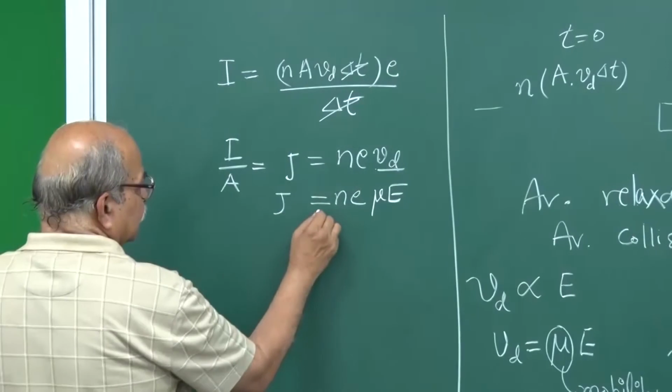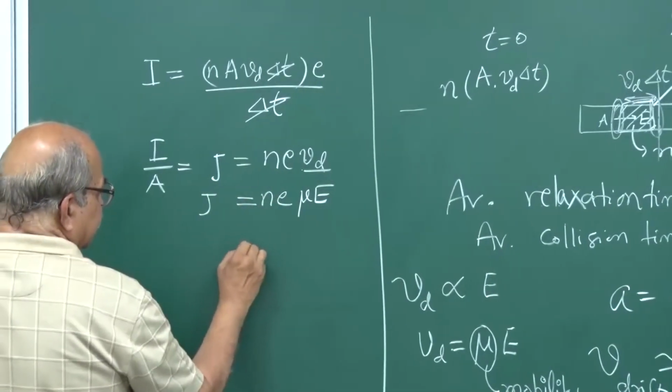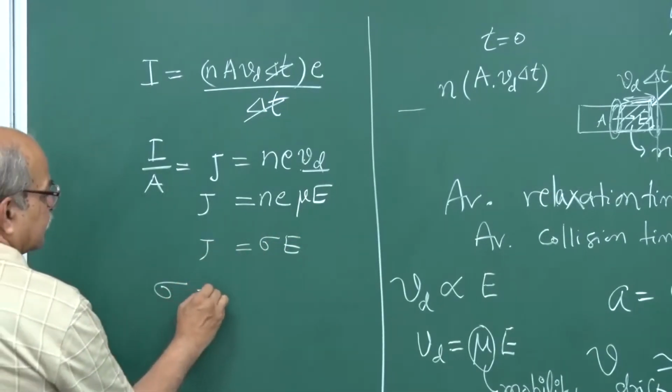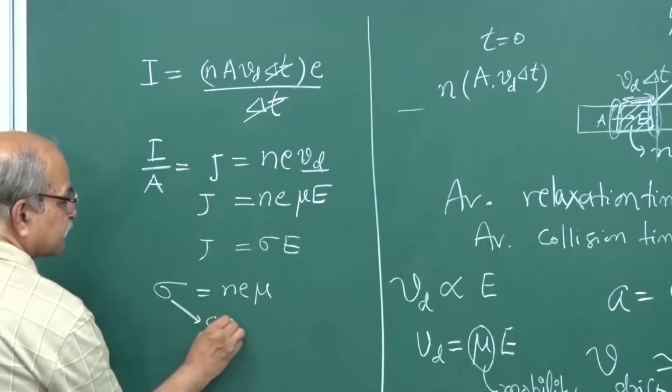So J is equal to N E mu E, and this is written as sigma times E, where sigma is N into E into mu, and this is called conductivity.